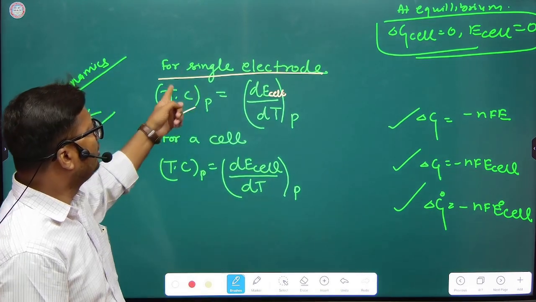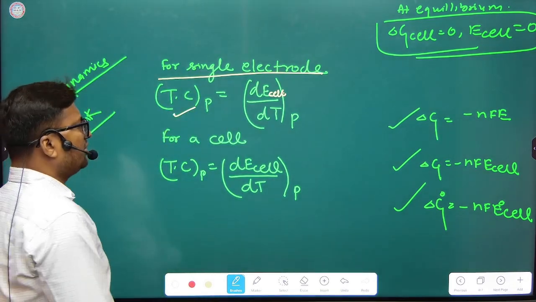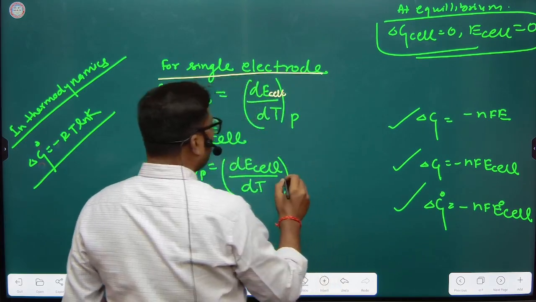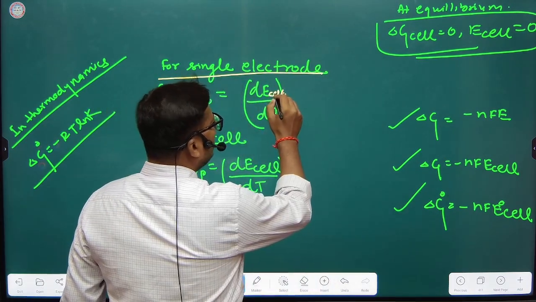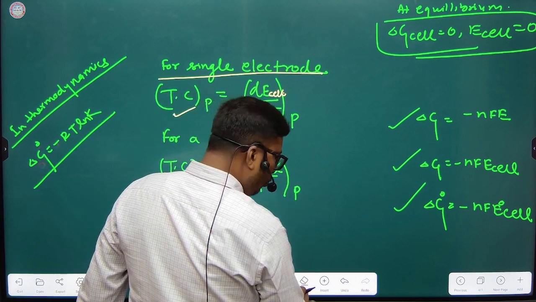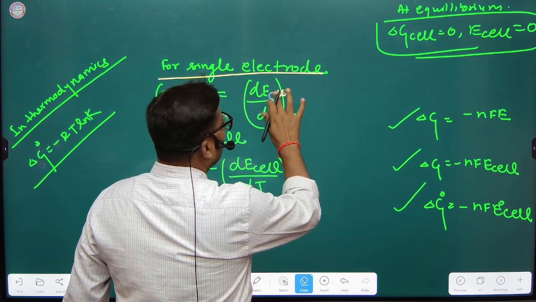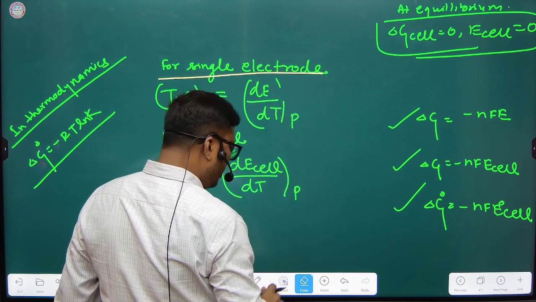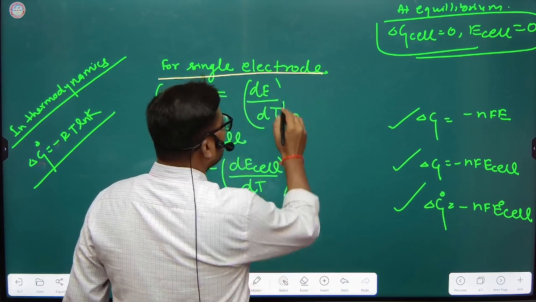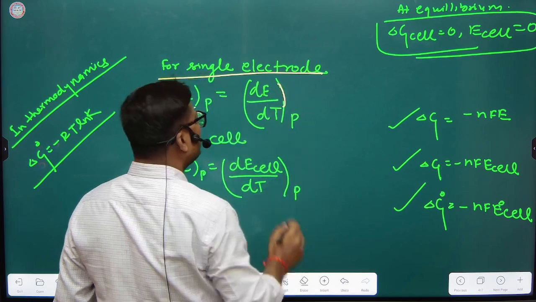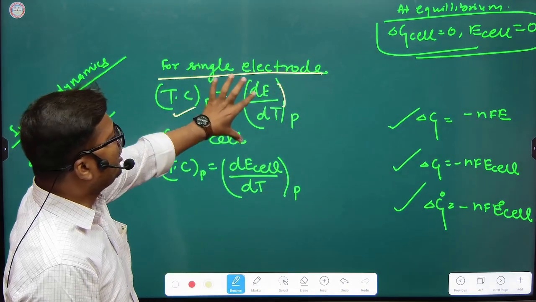So this is the temperature coefficient for electrode reactions. Here we just remove the cell. This is for a particular single reaction, so this is dE upon dT at constant pressure.